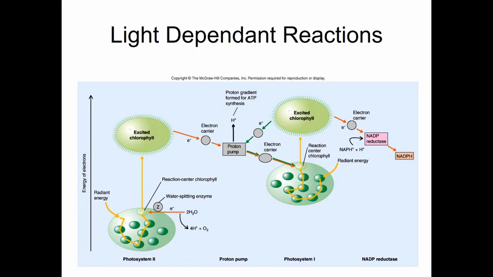You should be able to walk through this diagram, okay? This diagram is summarizing the light-dependent reactions of photosynthesis. What happens here is that you have what are known as photosystems. Photosystems are a grouping of pigments. If this were a plant, you would just think chlorophyll molecules.